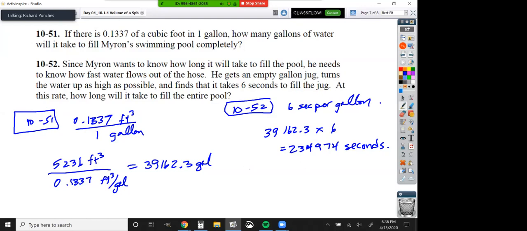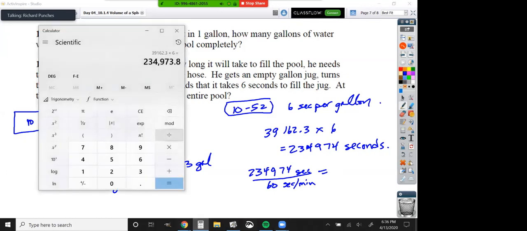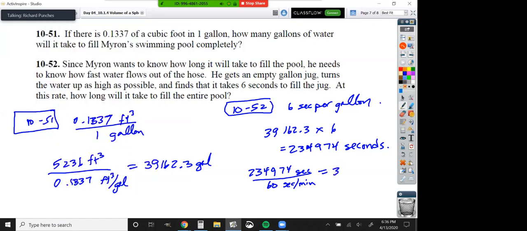So let's take that number, 234,974 seconds, and we're going to divide that by 60 seconds per minute. If we take that divided by 60, that would be 3,916.23 minutes.